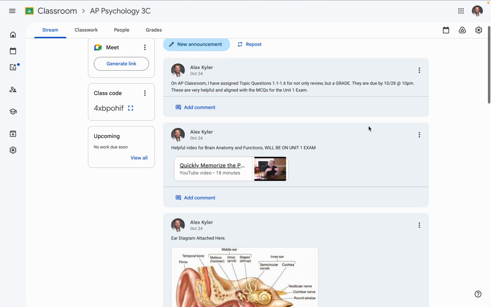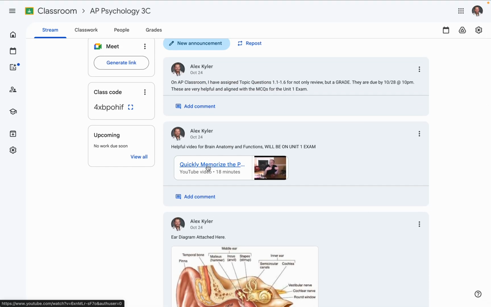Something to watch to know brain anatomy. I told some of you last week about this when I posted it, and I told everybody from yesterday's class right here: memorizing parts of the brain, knowing some of the areas.